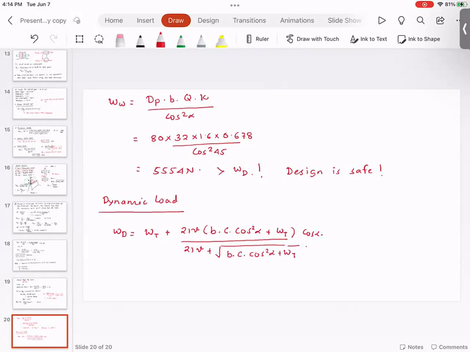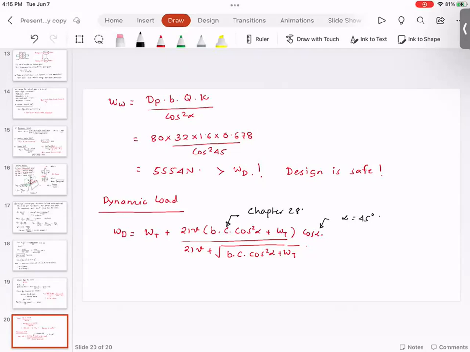So you will want to find, and again, the value of C will come from chapter 28, and alpha value is 45 degrees, and then you need to just check that this design is safe.